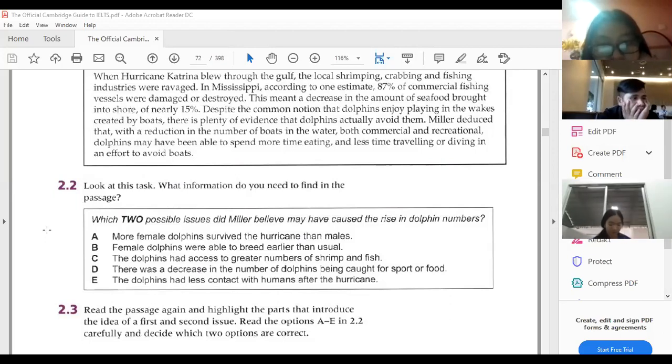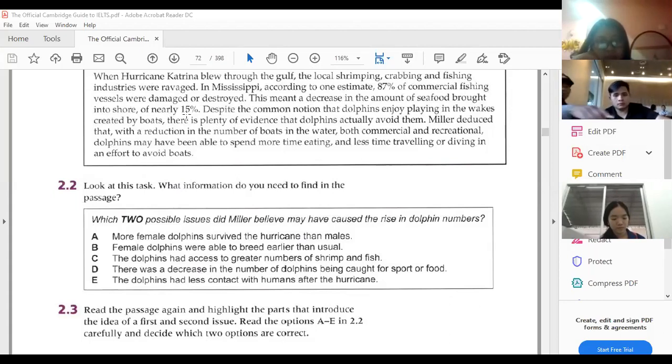So let's read paragraph 3 together. From when the hurricane until boats, how many topics did they cover? The second paragraph: when they start, they talk about local shrimping, crabbing, and fishing. And then they mention a decrease in the amount of seafood brought into shore of nearly 15%.